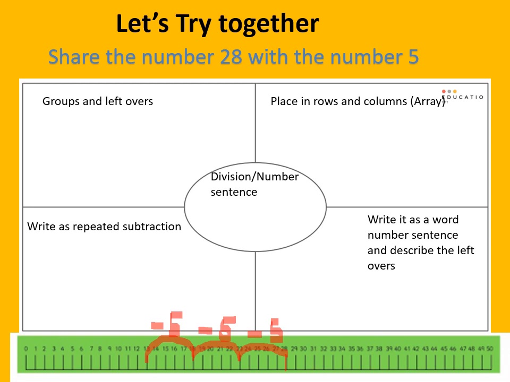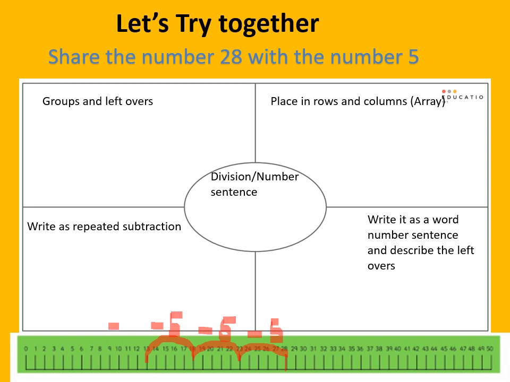So we have 23, and then we have 18, and then we have 13. So we've got that pattern going from 8 to 3, 8 to 3. So I wonder if you can predict which number we're actually going to land on next when we count back by 5.